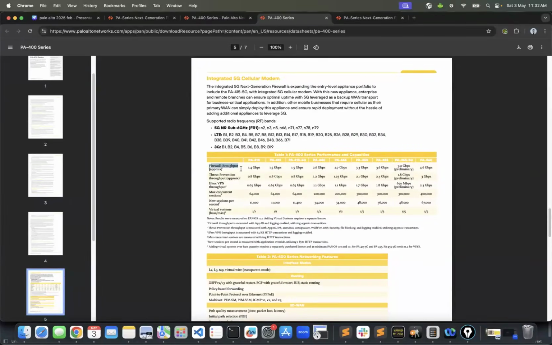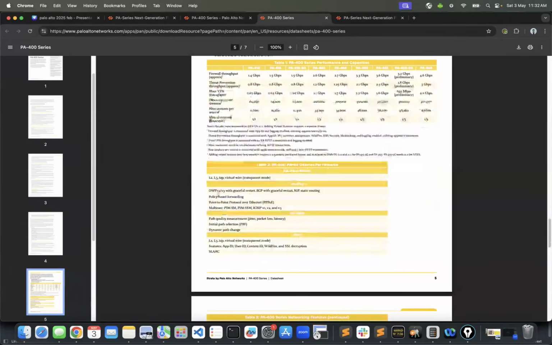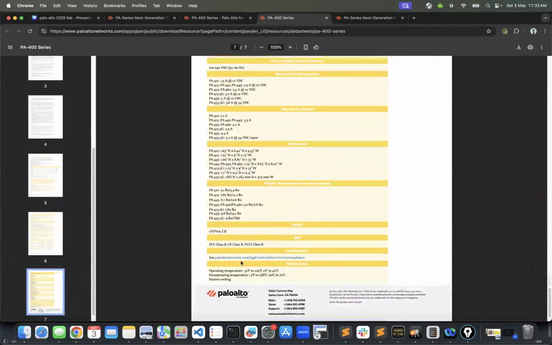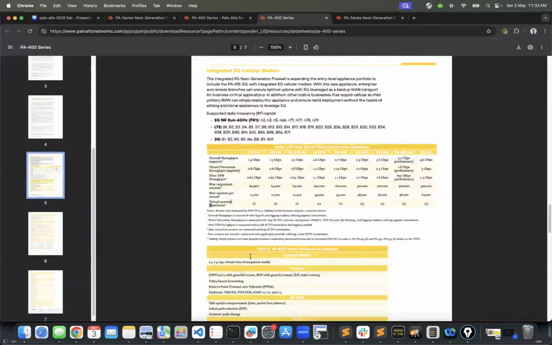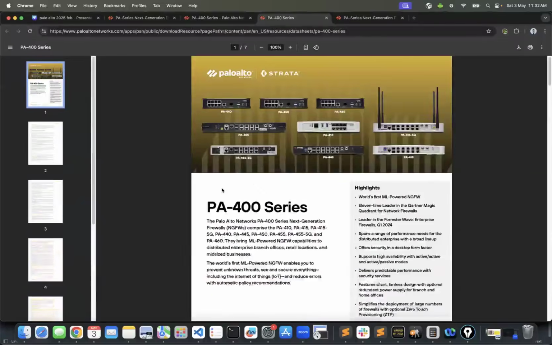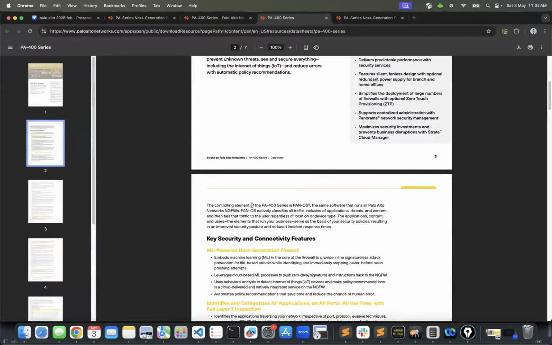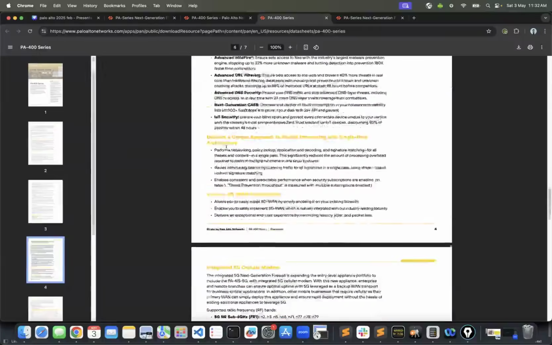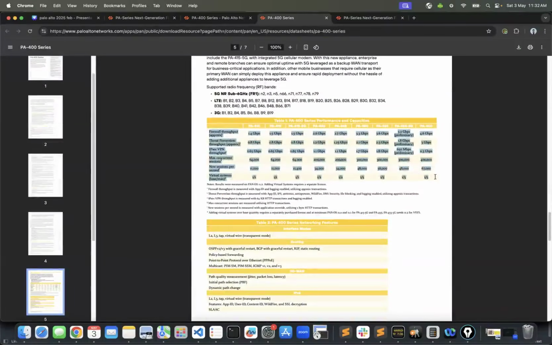Maximum firewall throughput, 1.4 Gbps, threat prevention, IPsec, maximum concurrent sessions, virtual systems. What are the features? Everything is in detail. So when you are in the place of architect, you should be at least aware of that. No need to remember anything because you have everything documented.